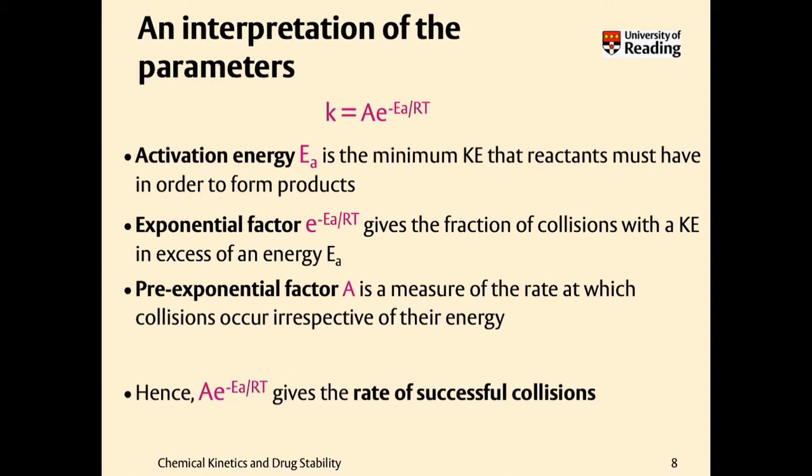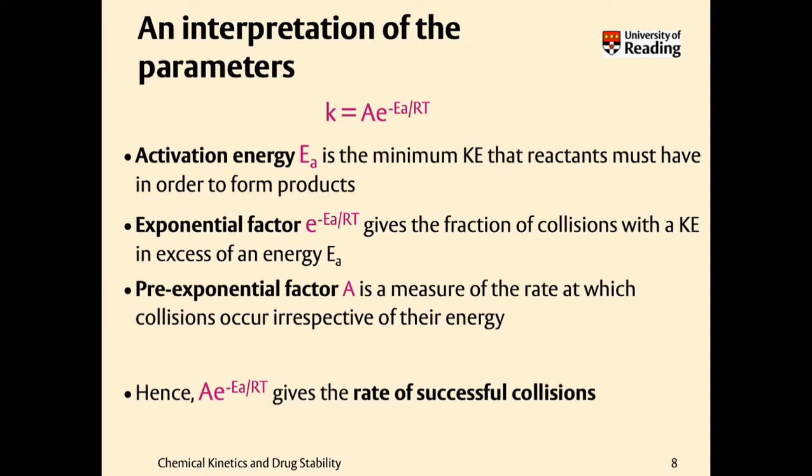And what that gives you is a fraction, so a number that will be less than 1, and it gives you the fraction of collisions with a kinetic energy in excess of the activation energy. We also have A, and A is our pre-exponential factor, and it'll be a measure of the rate at which collisions occur, irrespective of the energy.